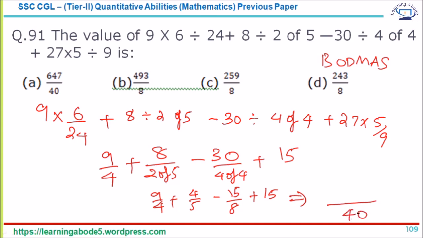So 40 is the LCM. So you get 90 plus 32 minus 75 plus 600. That's equal to 647 by 40. That's answer option A for question number 91.